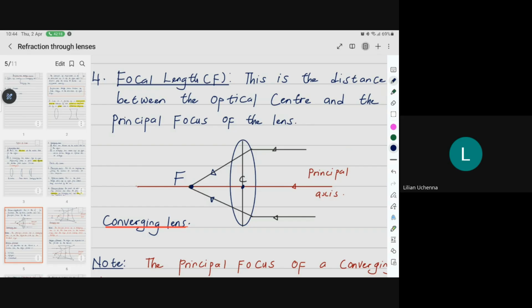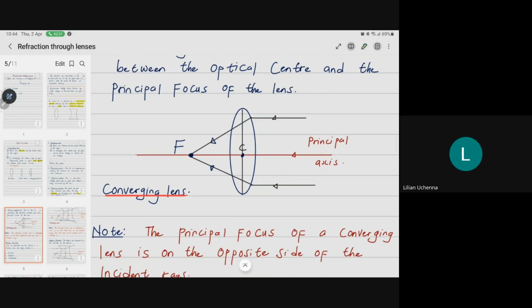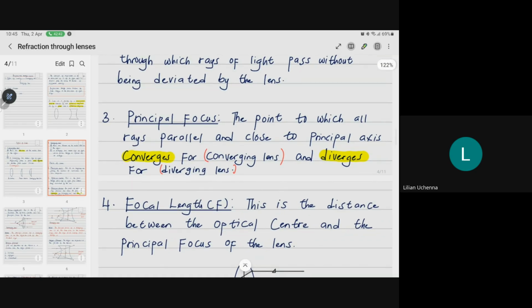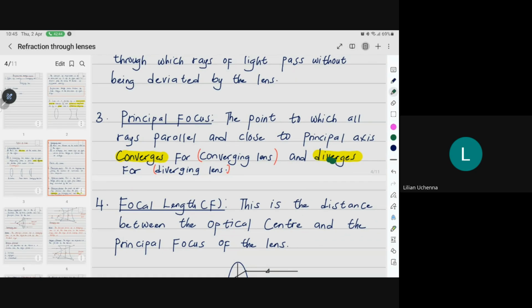All right, good. So I believe that the mirror stuff will be making sense now because we are trying to connect everything together, right? So now, you could see the diagram and the structure. I've defined the terms here: the principal focus is the point at which all the rays parallel and close to the principal axis converge. For a converging lens, it converges at the principal focus, but for a concave lens, that's a diverging lens, I mean to say, it does what?